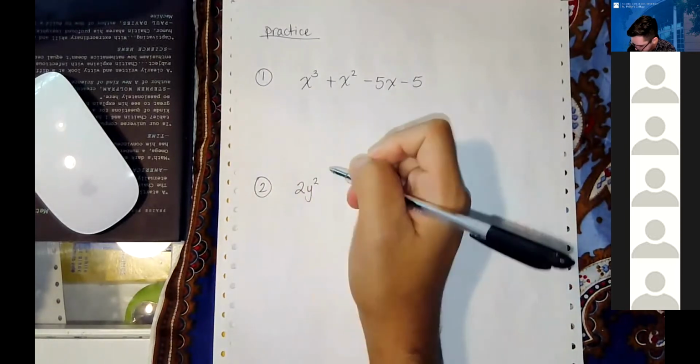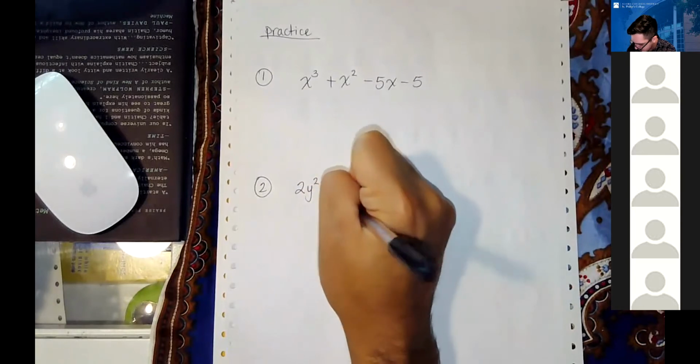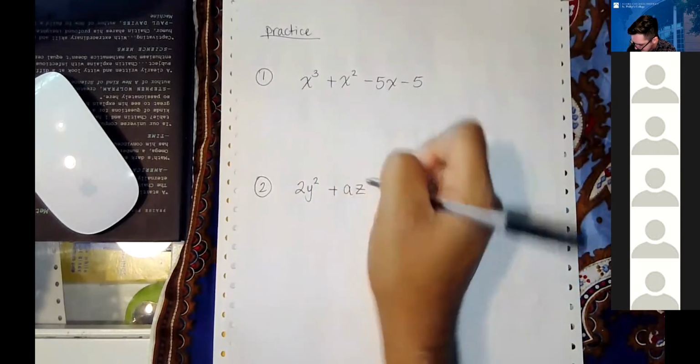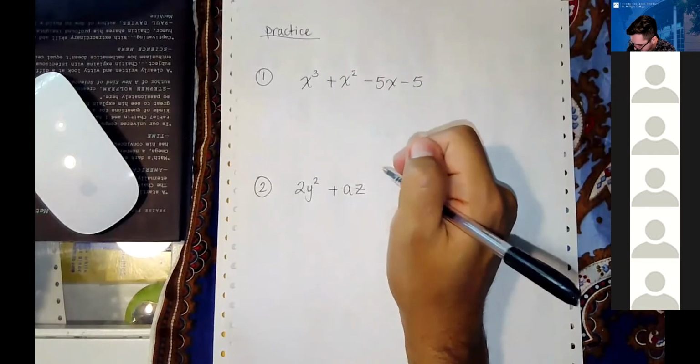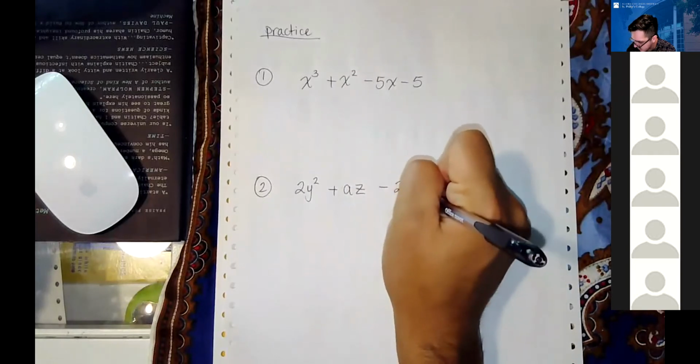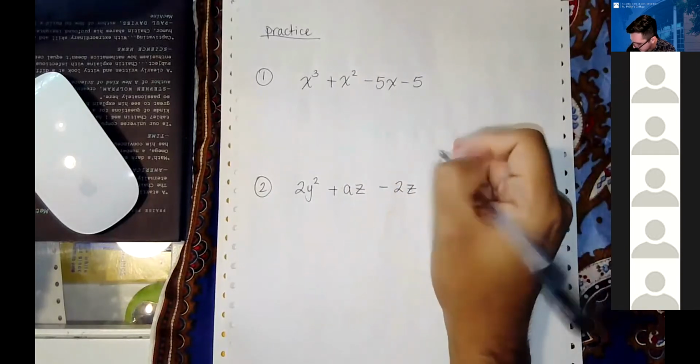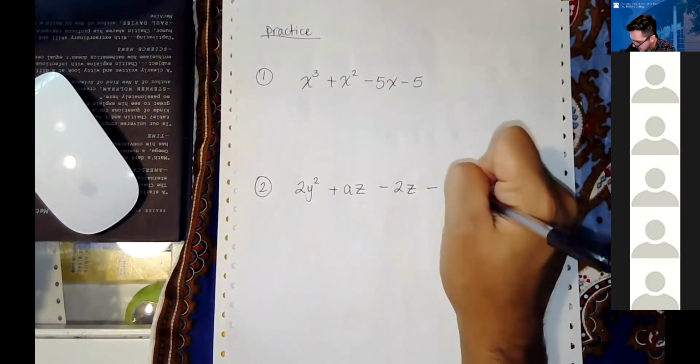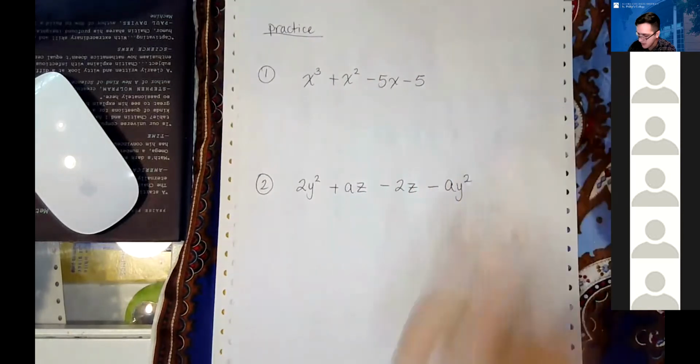2y squared plus az minus 2z minus ay squared.